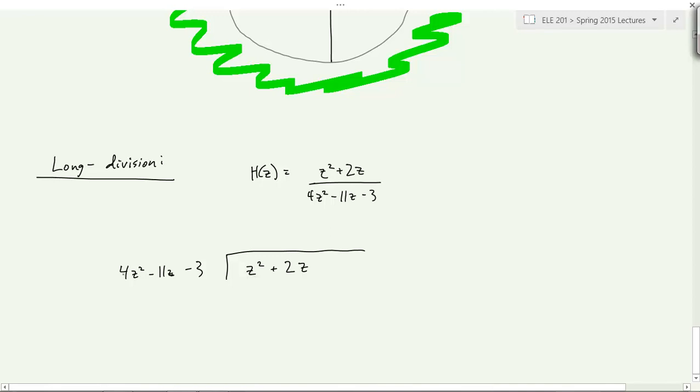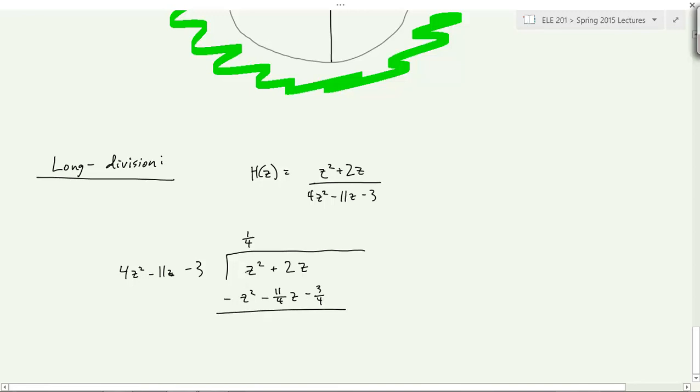So if I multiply this whole thing by 1/4, the result of multiplying this denominator by 1/4 is going to be z squared minus 11/4 z minus 3/4, right? That's the product. And then I subtract it and get the remainder.